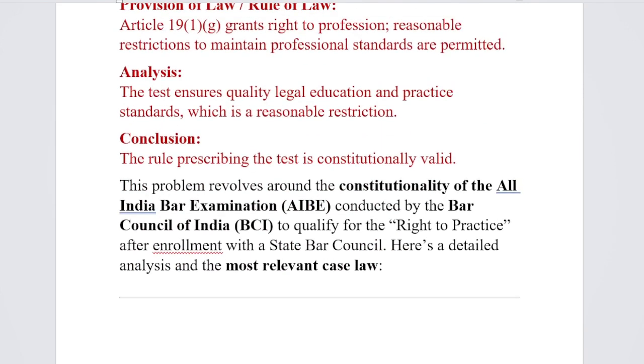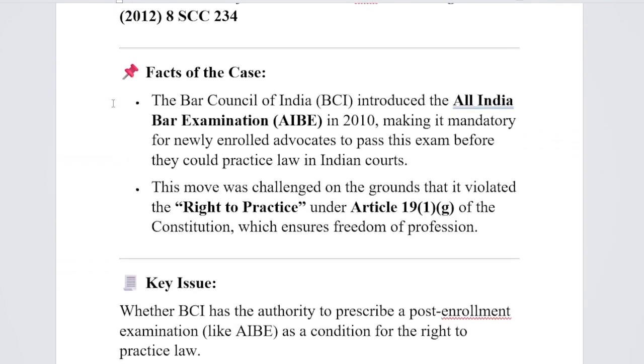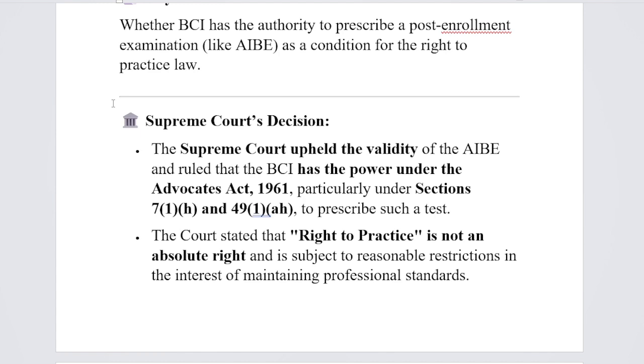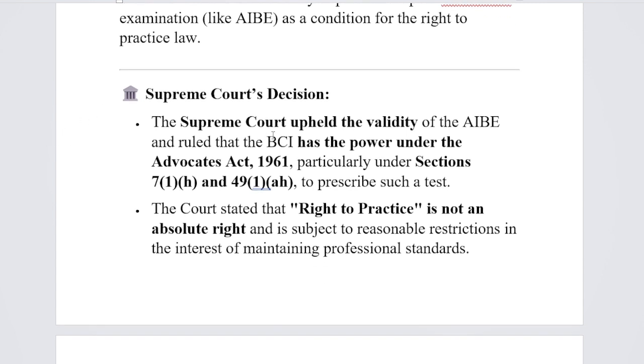So you have to write that the rules of the BCI prescribing a test or examination are constitutionally valid. The Supreme Court has upheld in the above case that such a test is constitutionally valid.